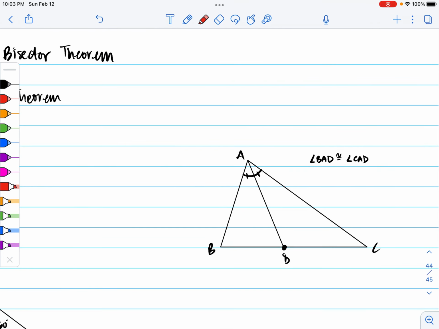And what happens with this theorem is it takes the adjacent sides, and I'm going to call this adjacent side ADJ. Adjacent means next to. Let's call this ADJ1 and ADJ2 because there are two different respective triangles here, okay?